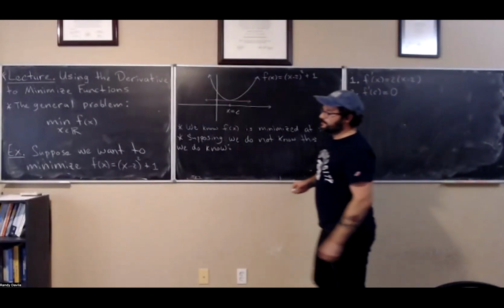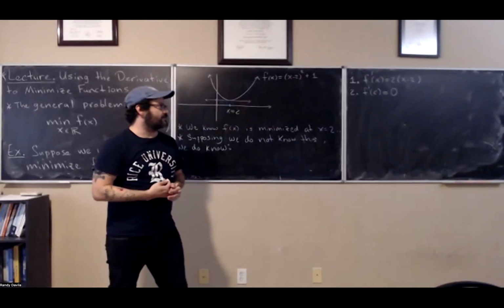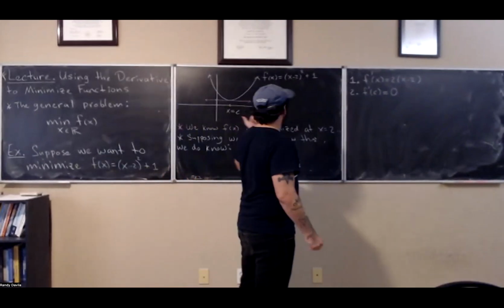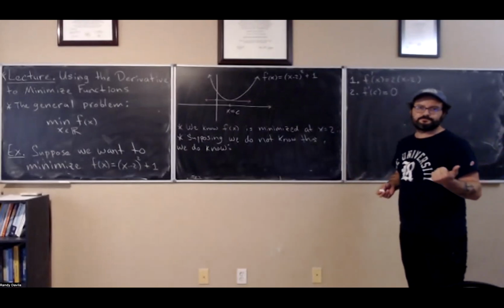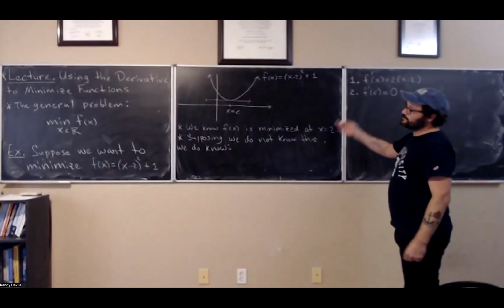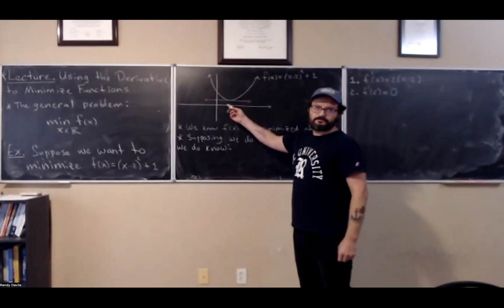We know that because with the videos that I posted yesterday, minimums occur at critical points, right? This is a consequence of this being a critical value.